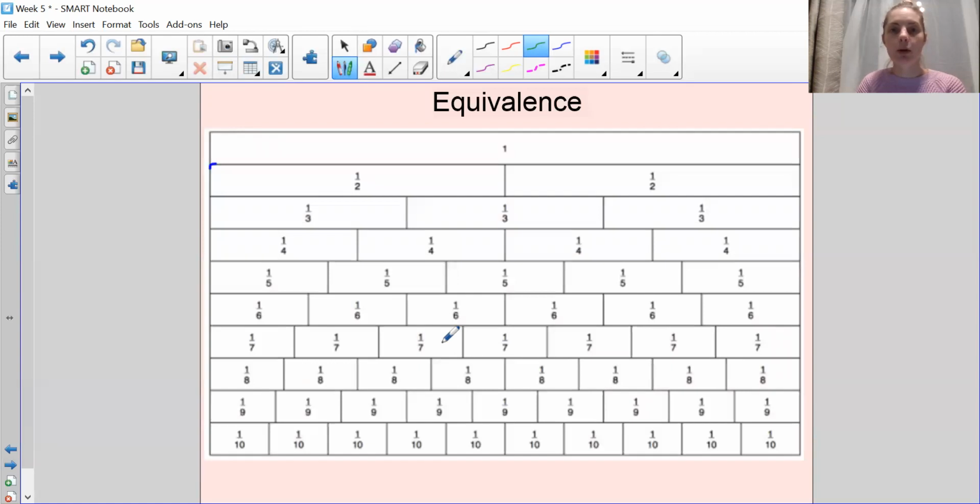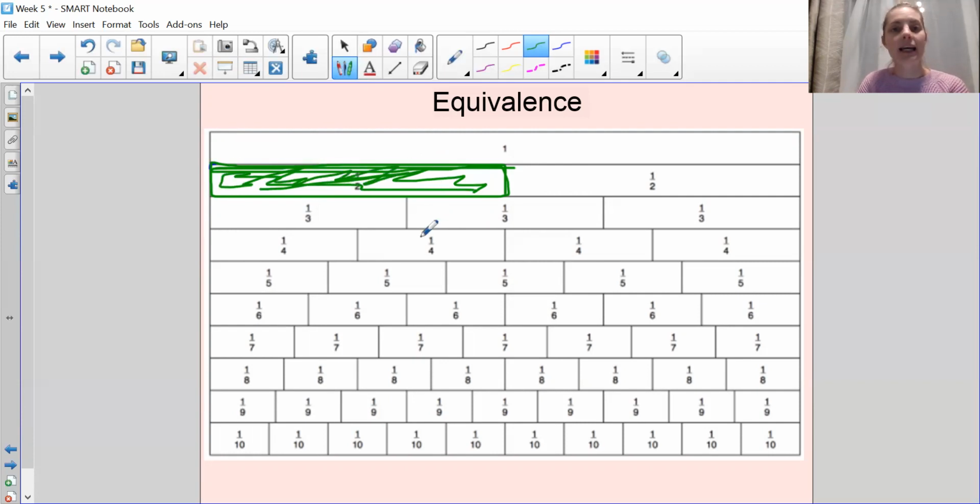Right, so when we're looking at equivalent fractions, we are looking at fractions that are equal to one another. For example, if I had to take a half, okay, that is a certain amount of space. That's not very neat, but you can see there that rectangle is a half if I had to shade that, okay? So that's worth a half.